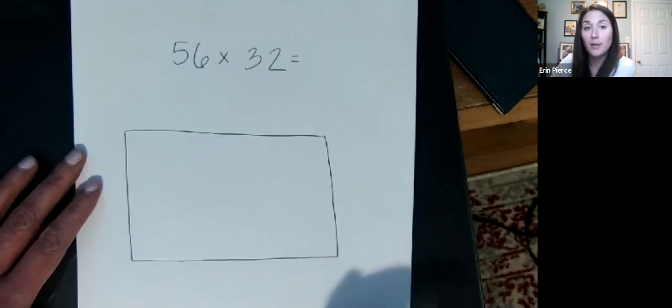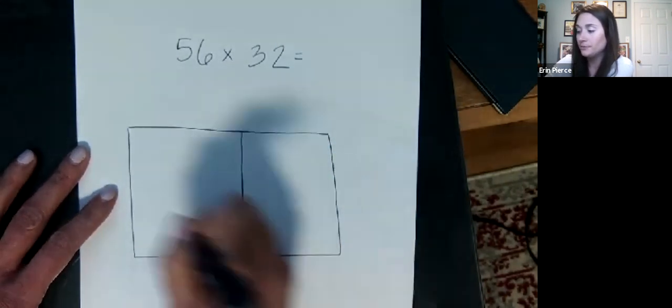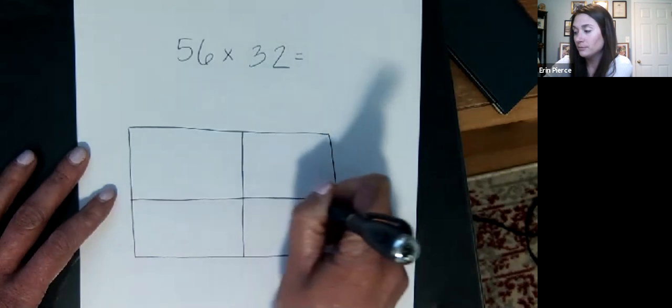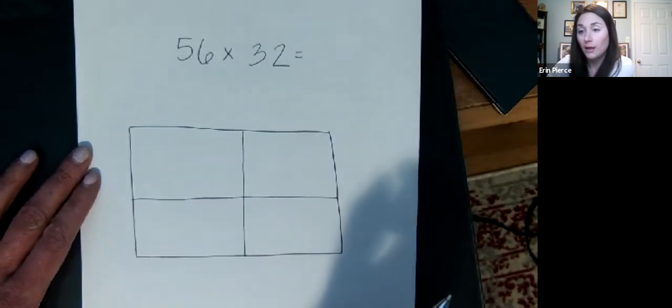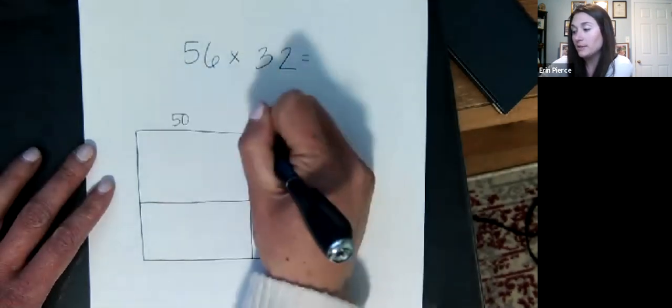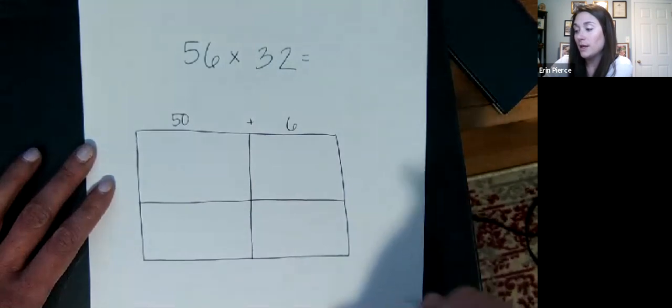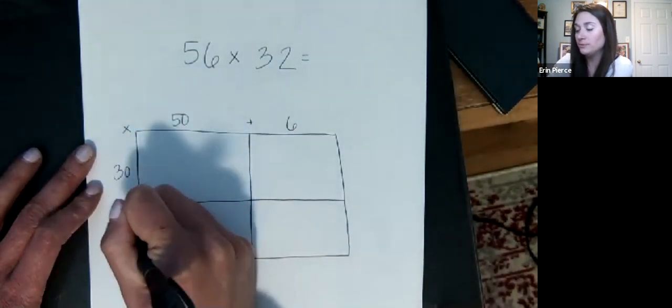You're going to split your box into those 4 parts that I was talking about. And on the outside, I'm going to label 50 plus 6 times 30 plus 2.